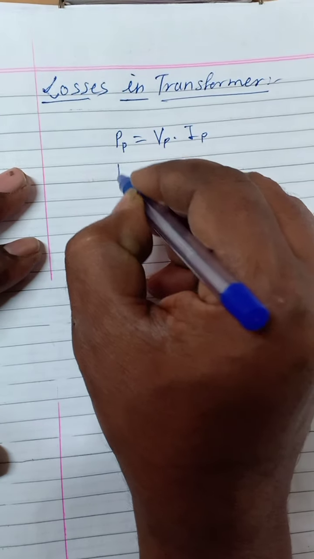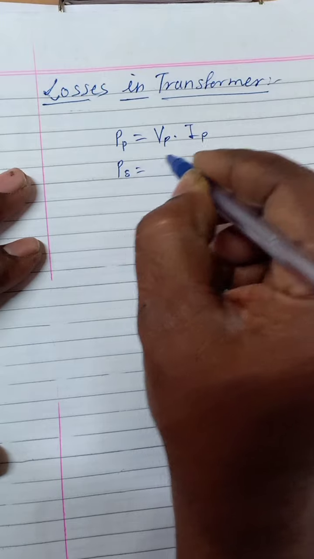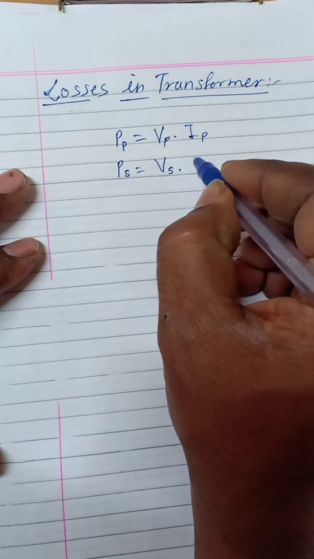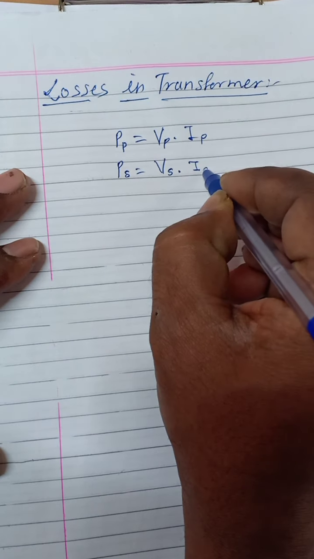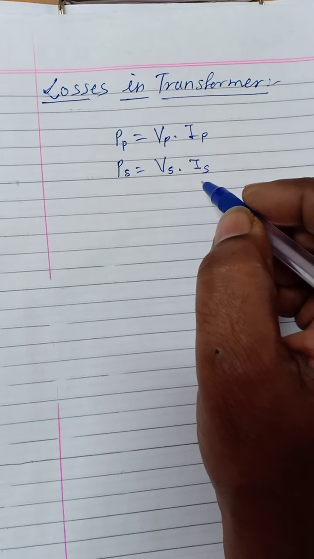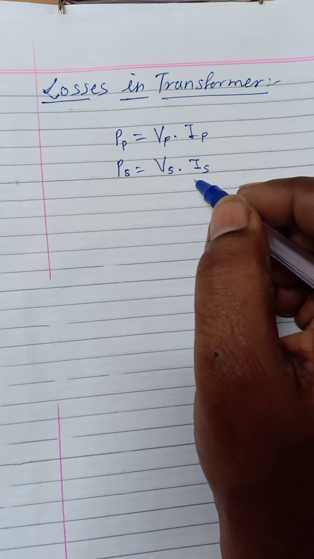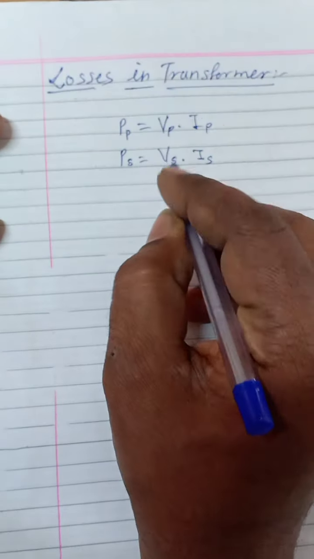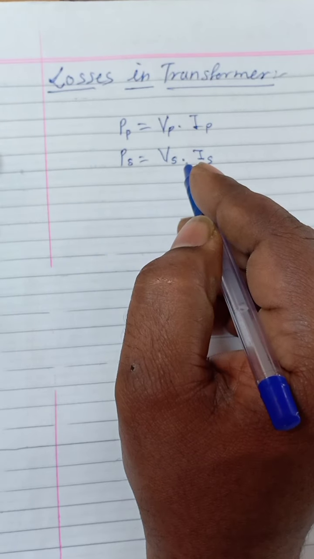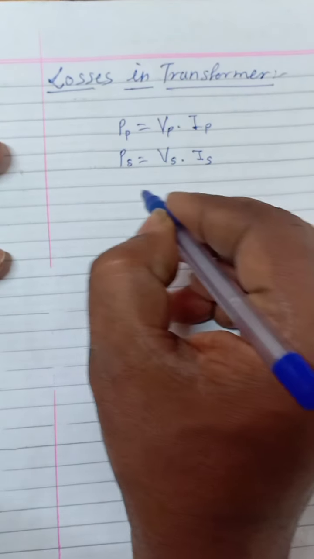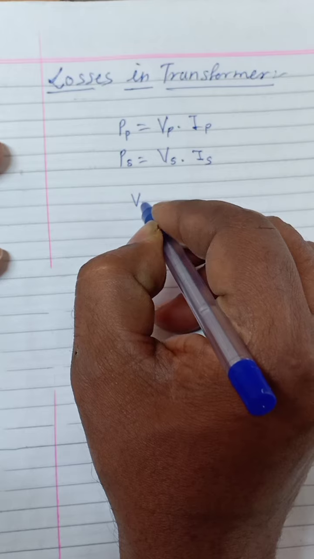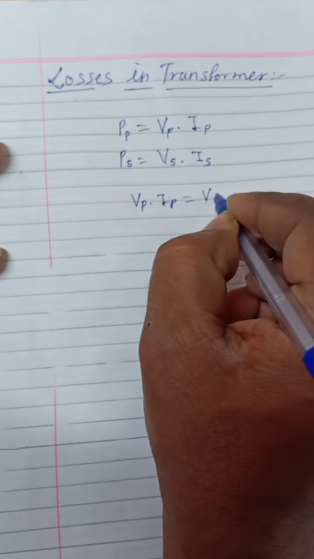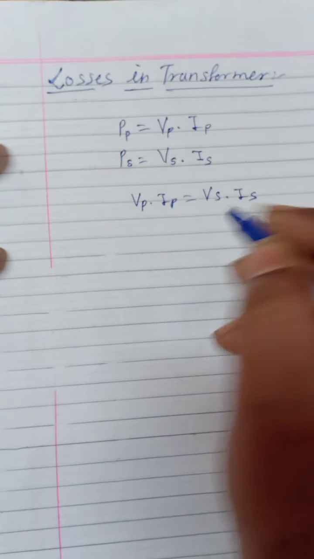Then power at secondary is voltage induced at the secondary and current flowing through the secondary. So this is the power. Whatever power is given to the primary of the transformer should be equal to the power in the secondary. So it should be Vp into Ip equal to Vs into Is.